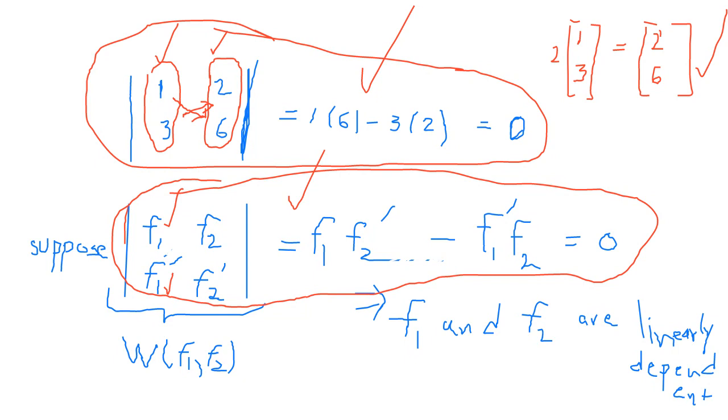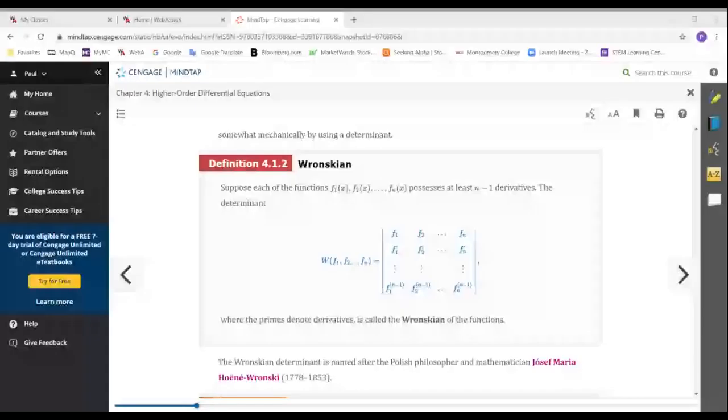So on that note, let me go back to the ebook here. If you have 3 functions, the columns of the Wronskian would consist of the function, its first derivative, and its second derivative.